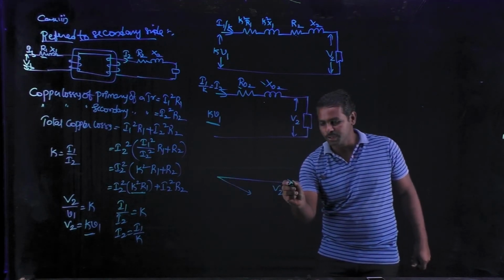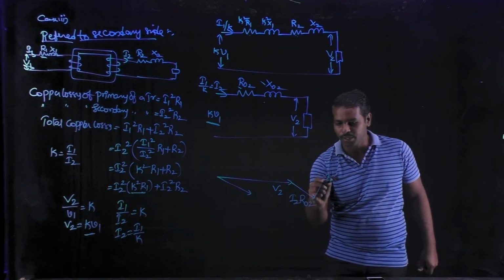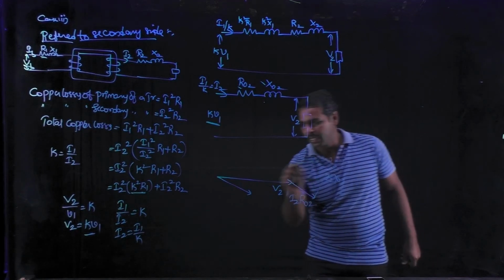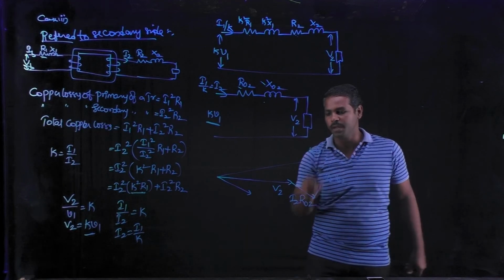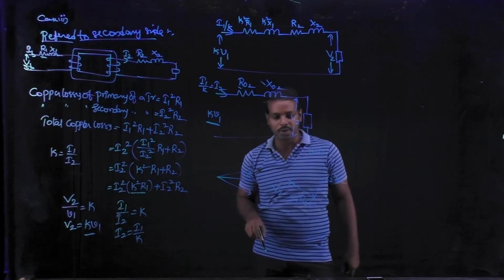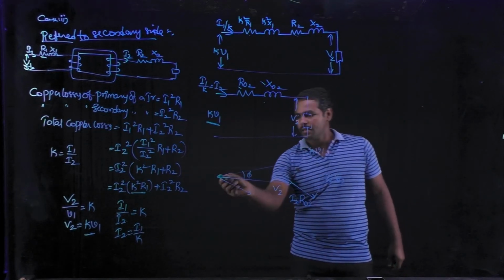Then I2 into R02, and I2 into X02, and the equivalent is equal to K into V1.